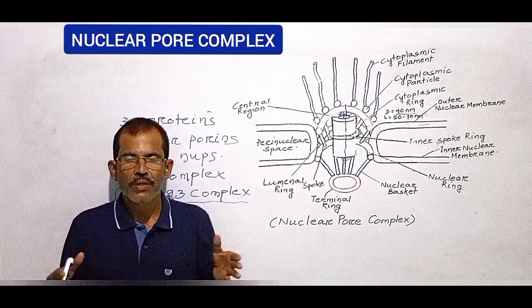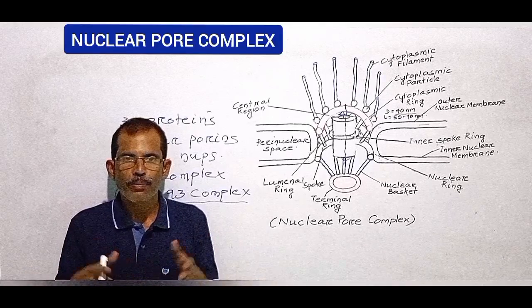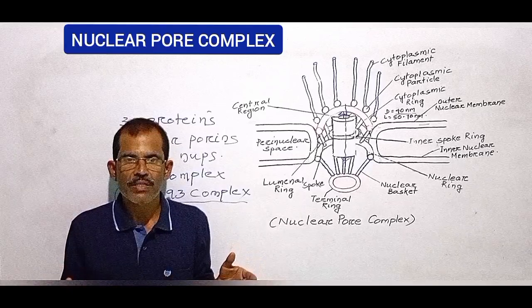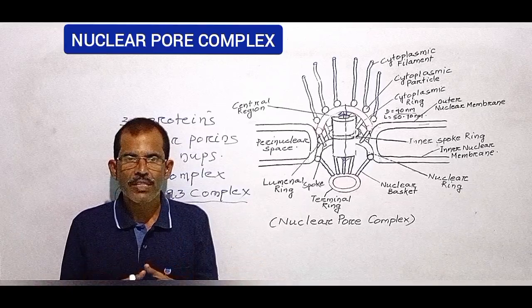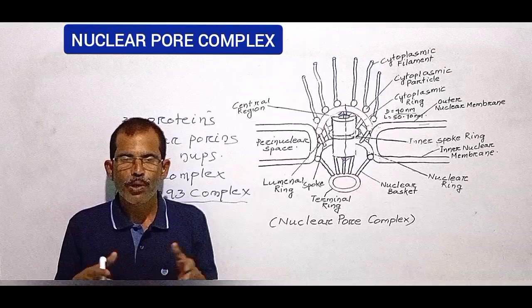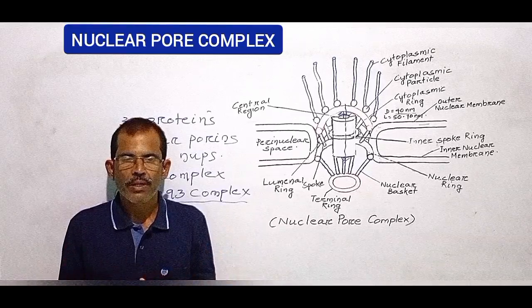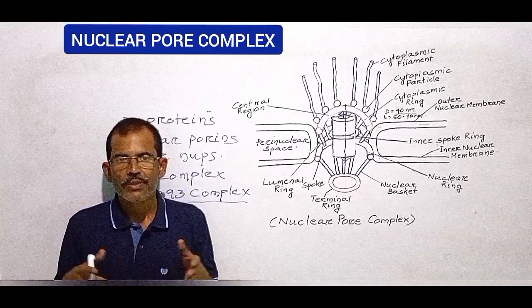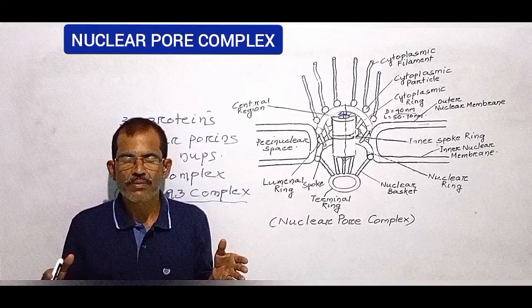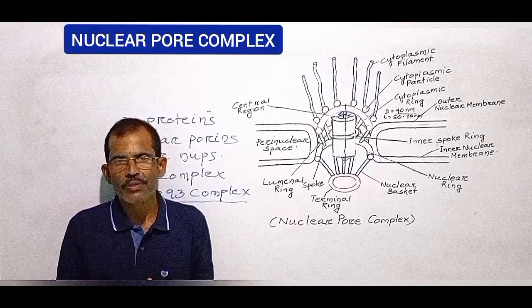This includes the transport of RNA and proteins from nucleus to the cytoplasm and the transport of proteins including DNA polymerase and lamins, carbohydrates, signaling molecules and lipids from cytoplasm to the nucleus.